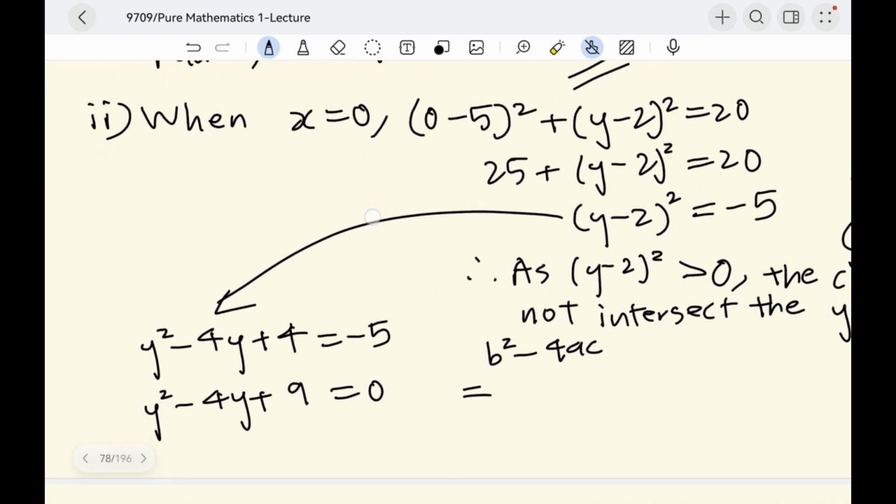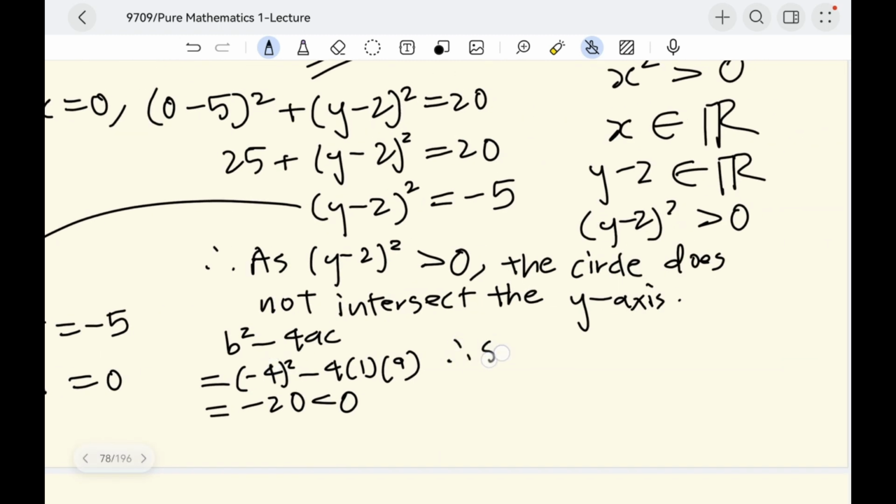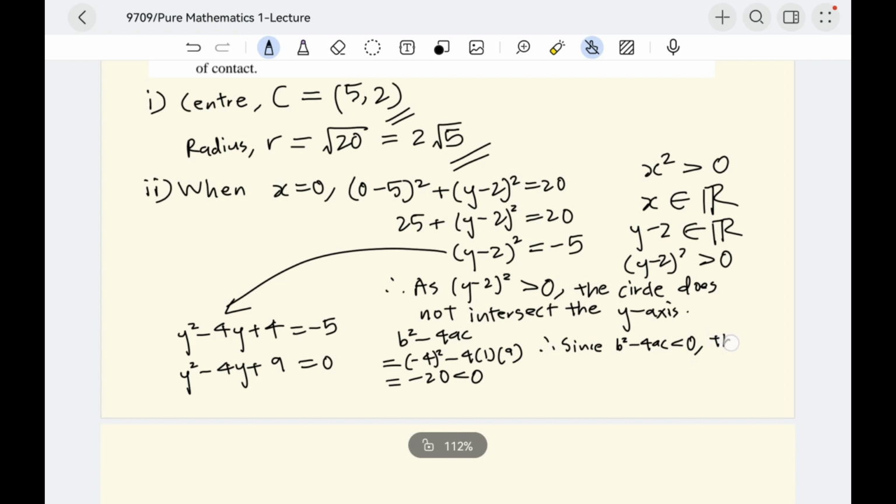What is the polarity of the discriminant? Okay, so I have (-4)² - 4(1)(9), so it is negative. Okay, so you can say that since b² - 4ac is less than 0, there is no real solution for this quadratic equation.